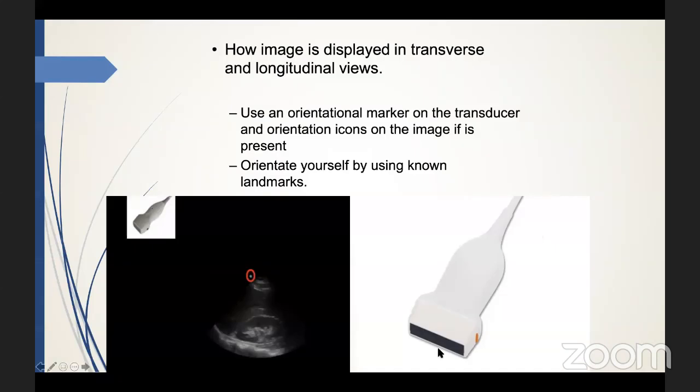Again, a more important point here is this little mark. Each probe, or transducer, has a marker here, and this mark corresponds to the top left of the screen. Therefore, this side here should always be to the patient's right when you scan your patients in transverse, and always to the patient's head if you scan your patients longitudinally.